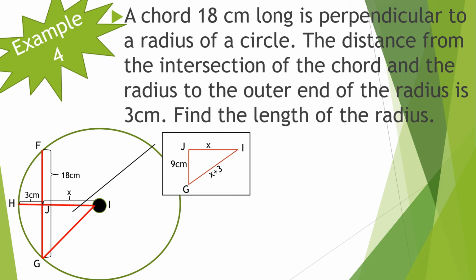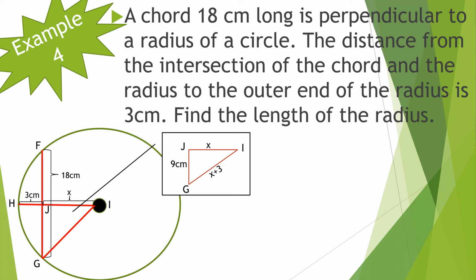If we're going to take that out, we have here JG is 9 cm. Why 9 cm? Because FG is 18 cm, and half of 18 is 9 according to theorem number 1.